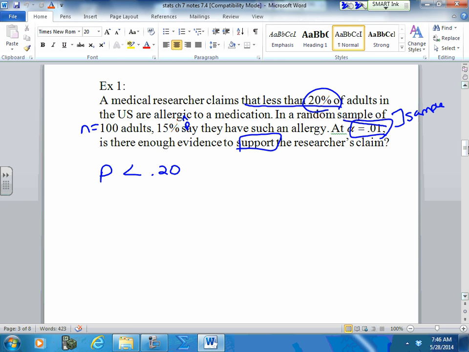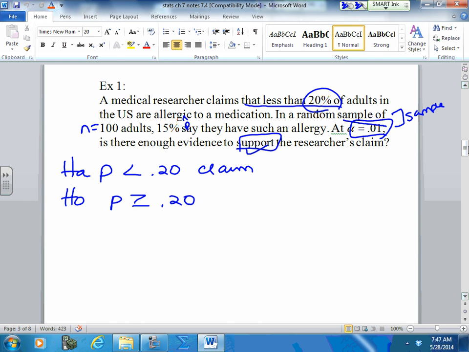P is less than 0.20. This is our claim. Without the equal sign, this is our HA. And yup, we use the word support when our claim is HA. The H0, which is your complement case, is P greater than or equal to 0.20.